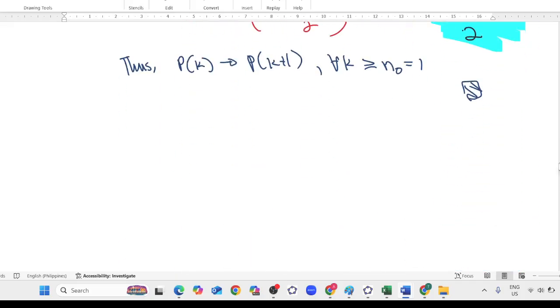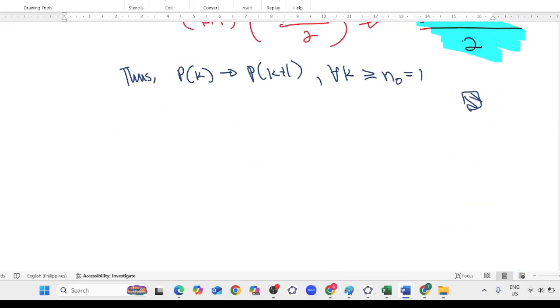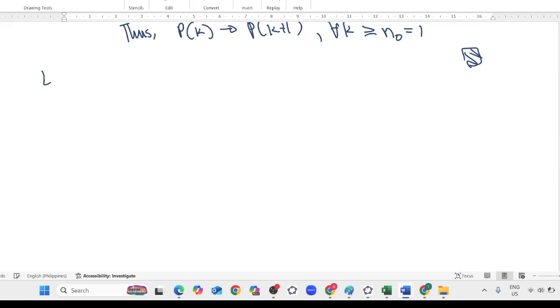Okay, exercise number 2. Sum of squares.